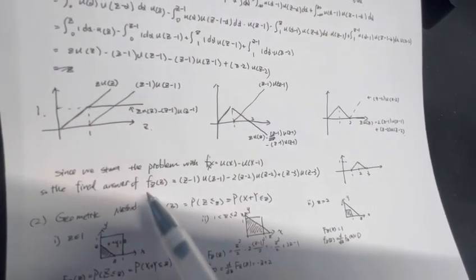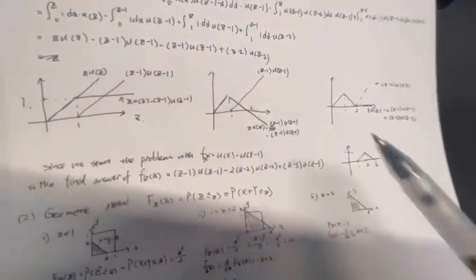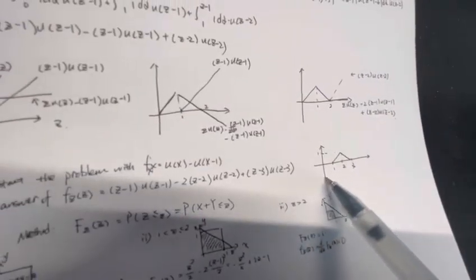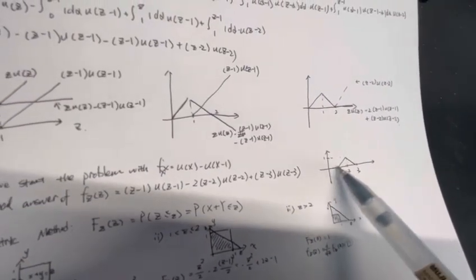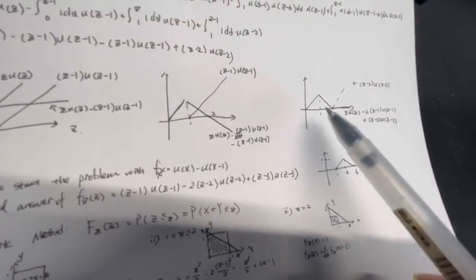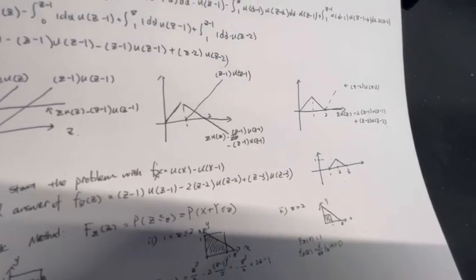So the final answer of f_Z(z) is this equation right here, and its graph will look like this. We shifted this graph to the right by 1 unit. And then we're going to do the second question using the geometric method.